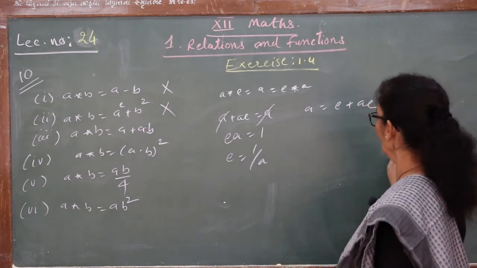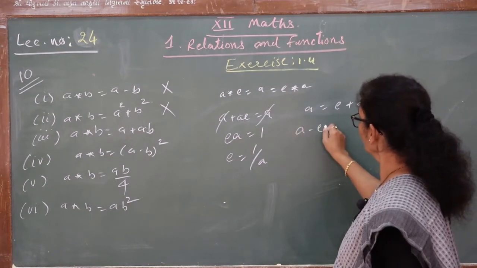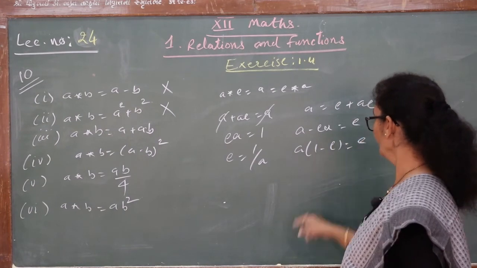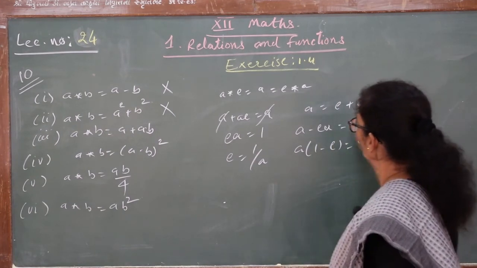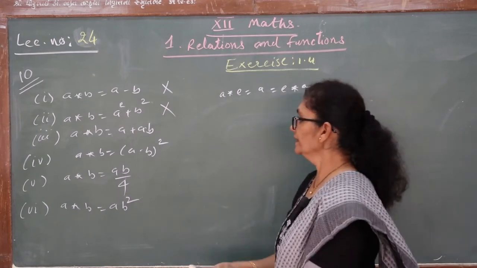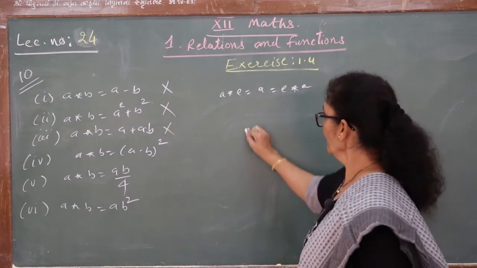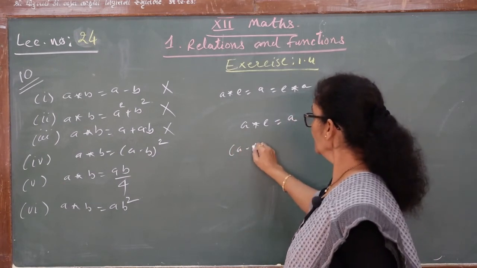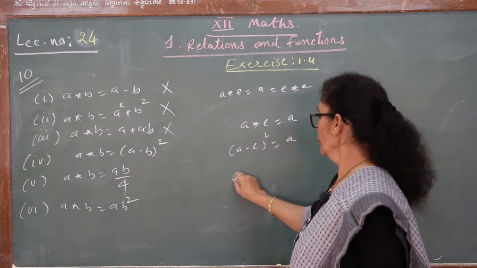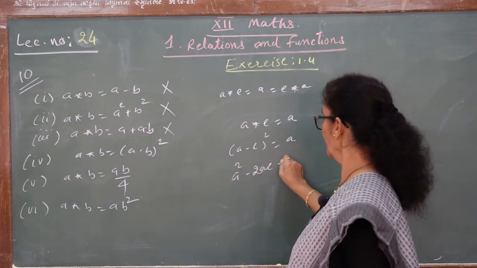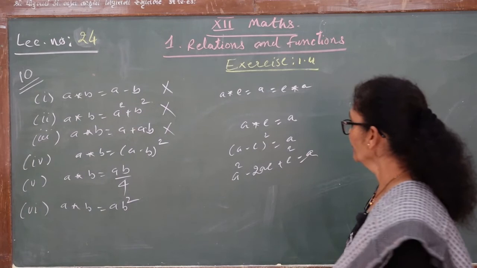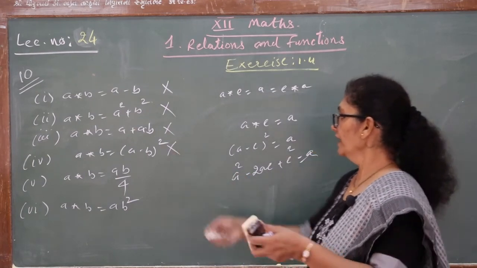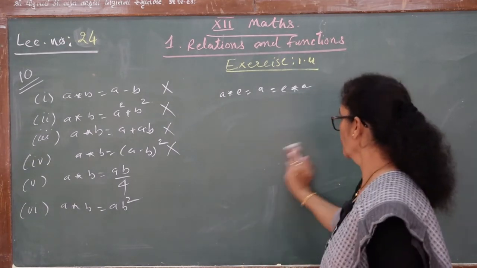So in the third question also the identity element will not exist. Now fourth: a * e equal to (a minus e) square equal to a. So a square minus 2ae plus e square equal to a. That way also we are not getting the identity element, so the identity will not exist, you can say.